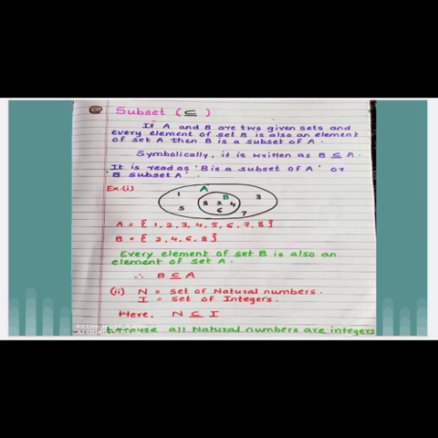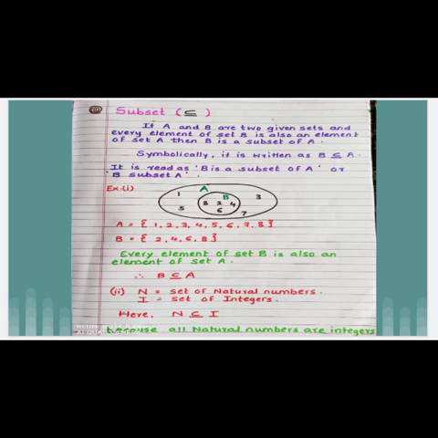Example 1. Here they gave the Venn diagram which consists of two figures. One is an oval, another one is a circle. The oval shape indicates set A and the circle indicates set B. So first step, we need to write down both sets in listing form.